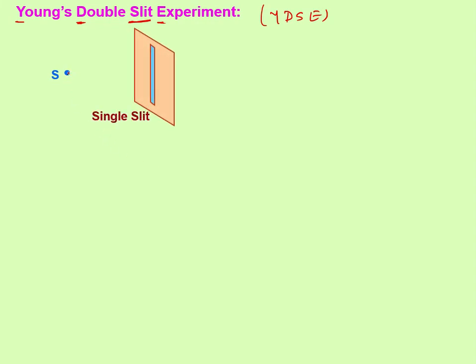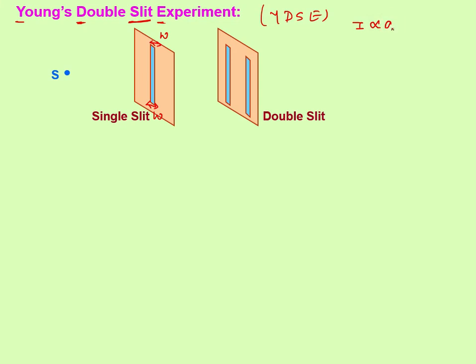So this is the source that will generate waves. This indicates two narrow openings, that is, a double slit in a plane. This is the width of the slit that was mentioned in the previous slide. That means intensity is proportional to the square of the amplitude of the wave and is proportional to the width.